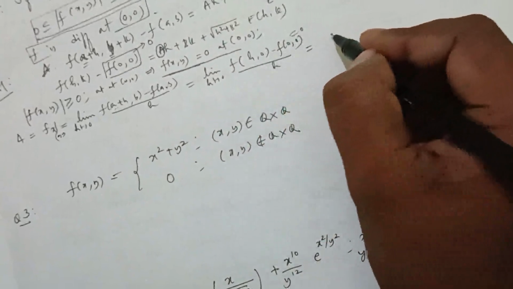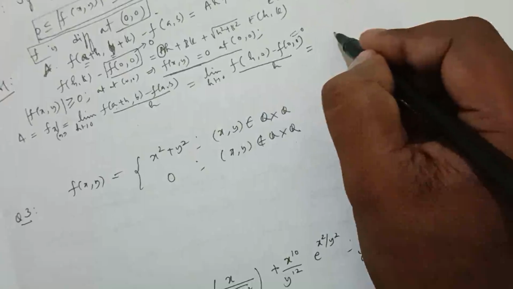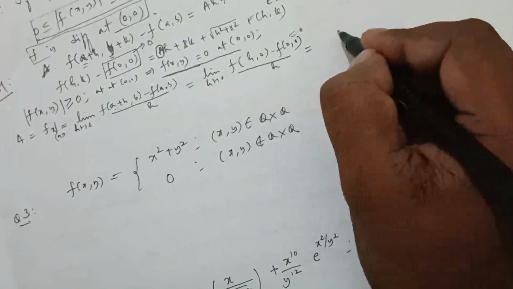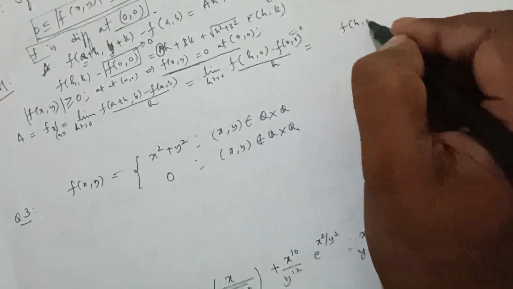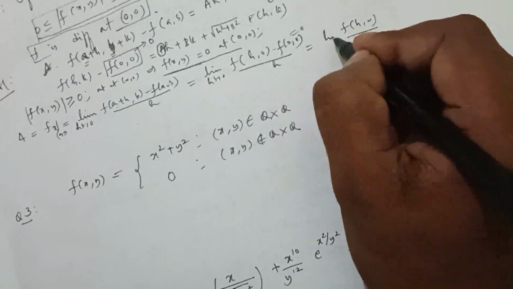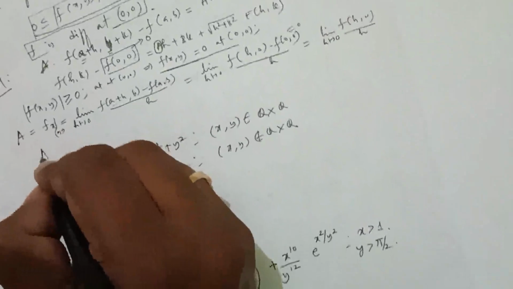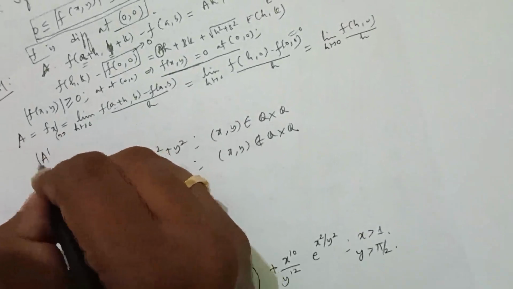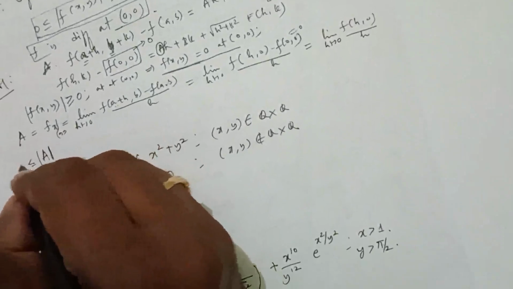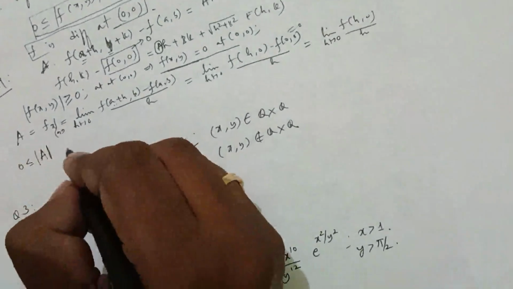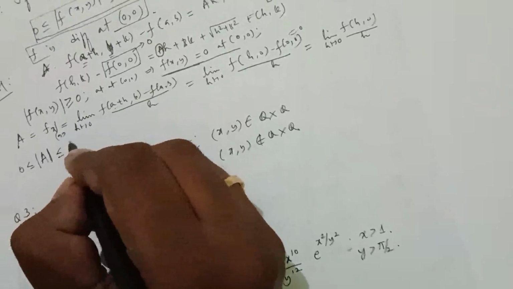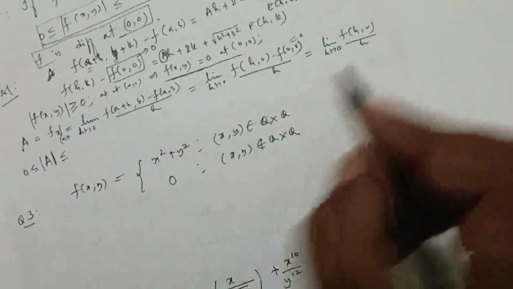So you can write this as f of h comma 0 by h, limit as h tending to 0. Take the modulus of a, and the modulus of a is greater than or equal to 0. That is less than or equal to f of h comma 0.